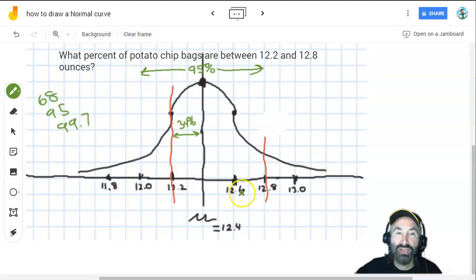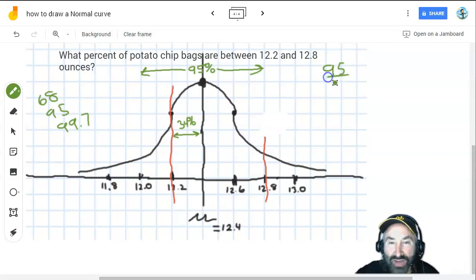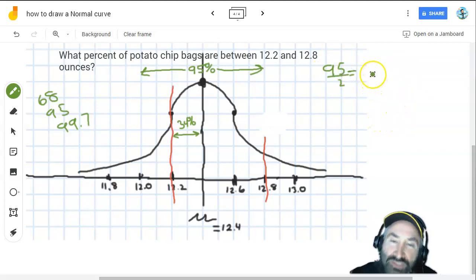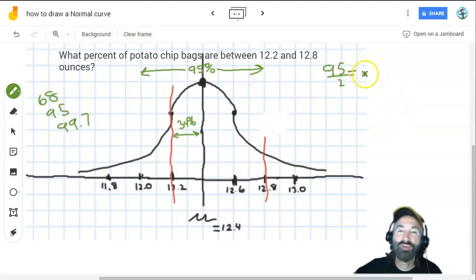Okay. Now, if that's the case, then this part right here must be half of 95. So what we're going to do is 95 divided by 2, and whatever that happens to equal, I think it's something like 45 and 45 is 90. So I think it's like 47 and 47, but with halves.